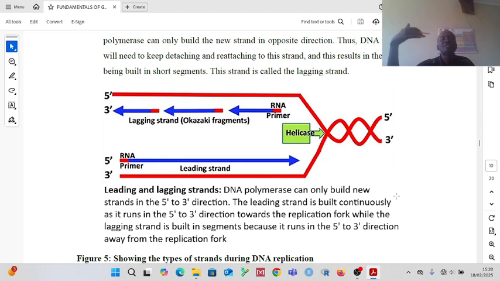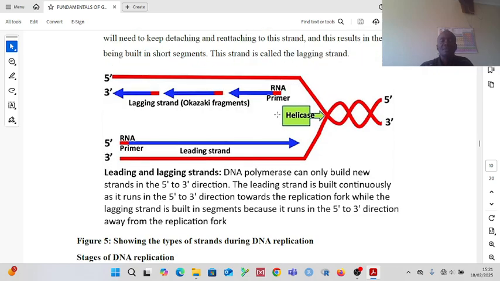So that the process has to end, because we've now created a double strand all the way back. We'll now have two double strands. Okay? Then there is no more replication to happen. There is no more DNA to be replicated. Then hapo itasimama.